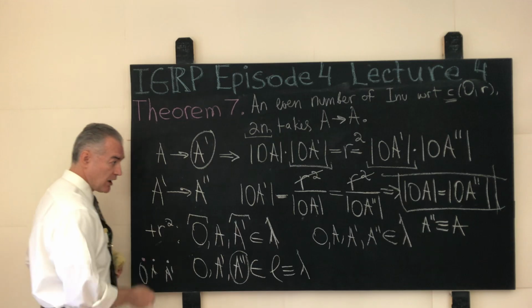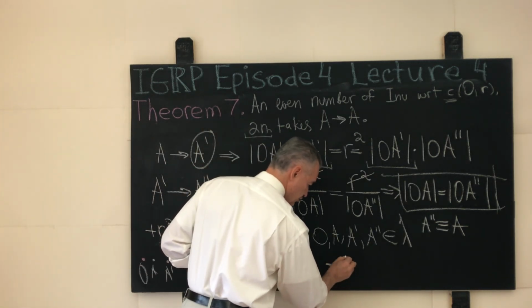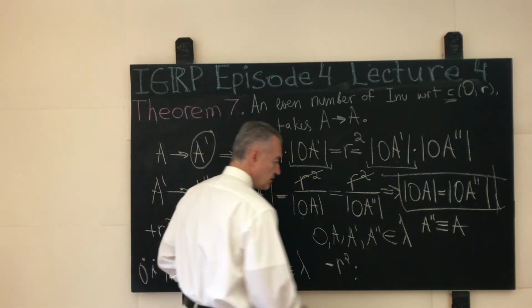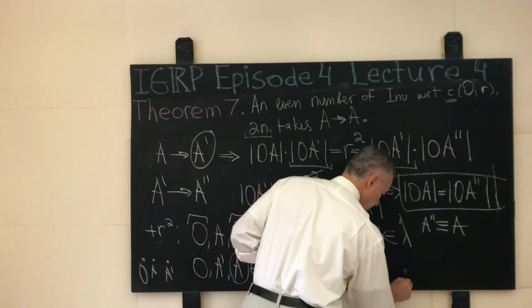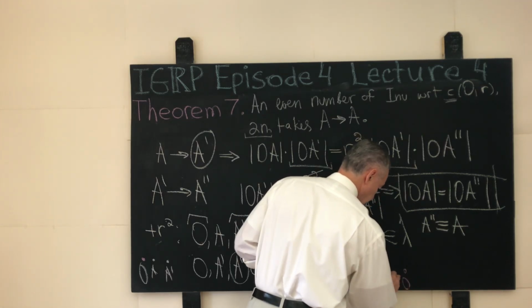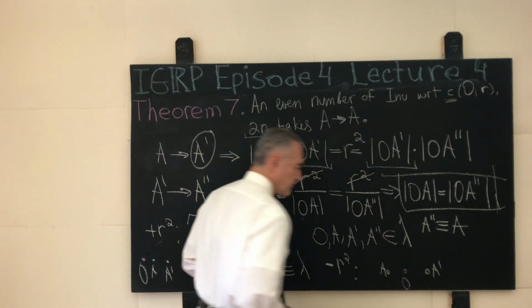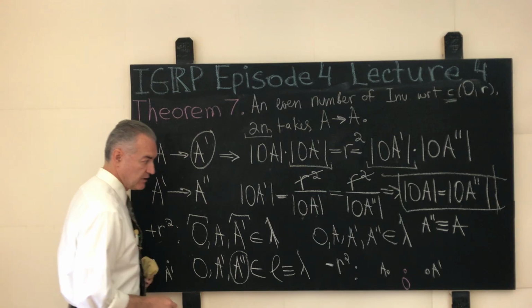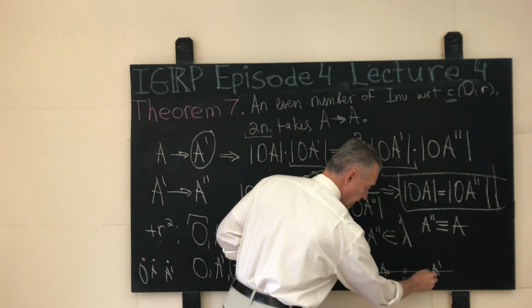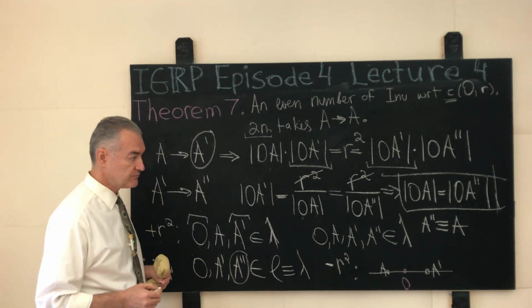Now, when the power of inversion is negative, then what happens? Well, then the point O, the center of inversion, must be in between the points A and A prime, the pre-image and the image point.